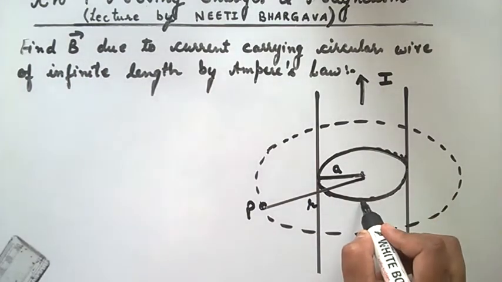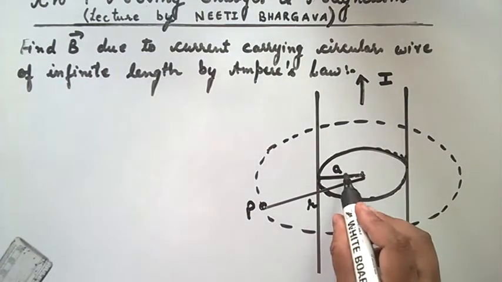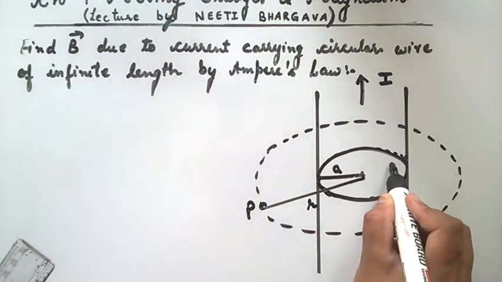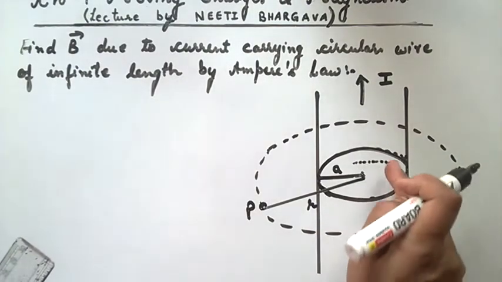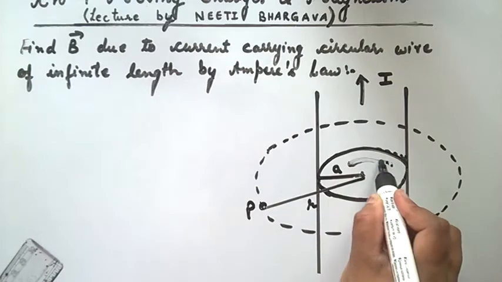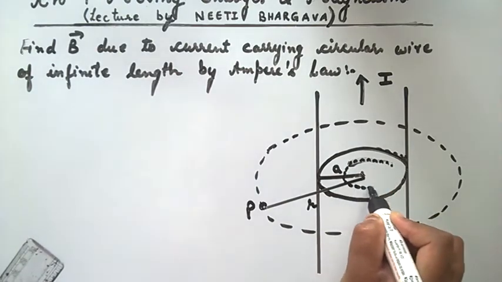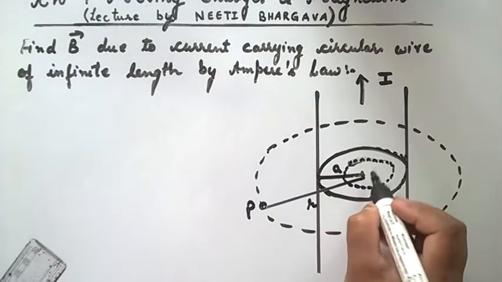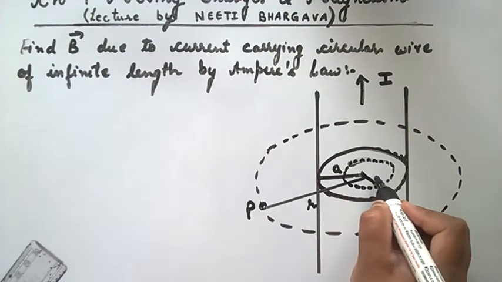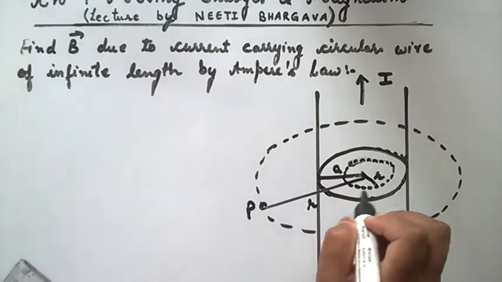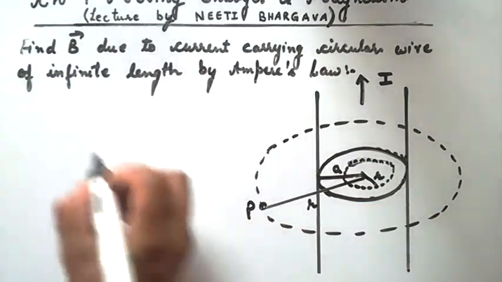If on the surface, then this r is equal to A, and if inside, point P is inside the surface, then r is less than A. We will consider each case one by one.